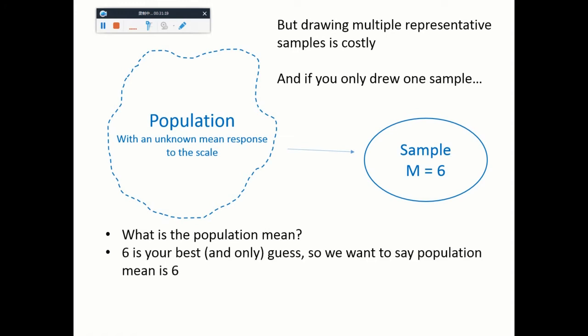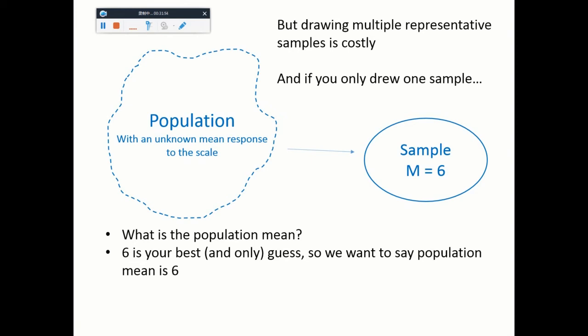And if we do that, then congratulations, you understand further the logic of making statistical inferences, because now we're really getting into the most common type of statistical inferences. That is, you make inferences based on only one sample. Because many times, the mean from one sample is your best guess by being the only guess. So we do want to say that the population mean is 6.